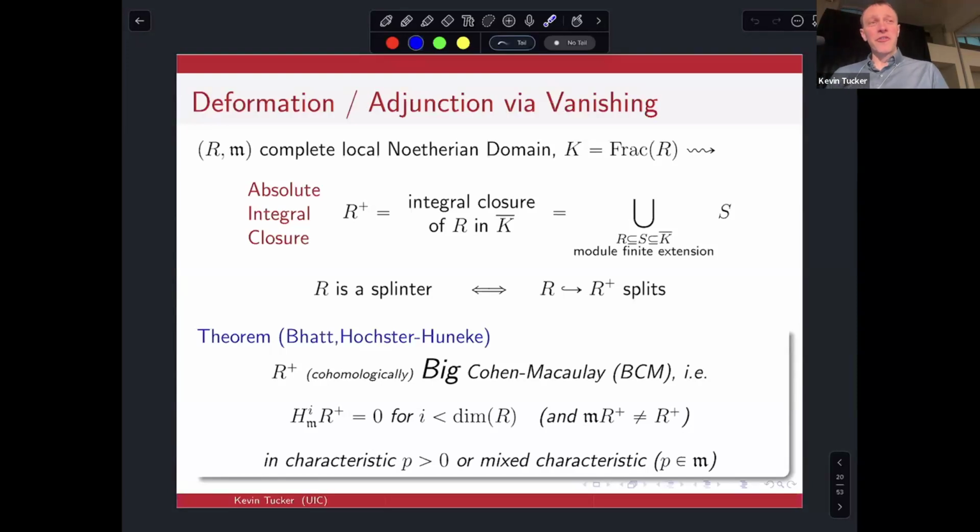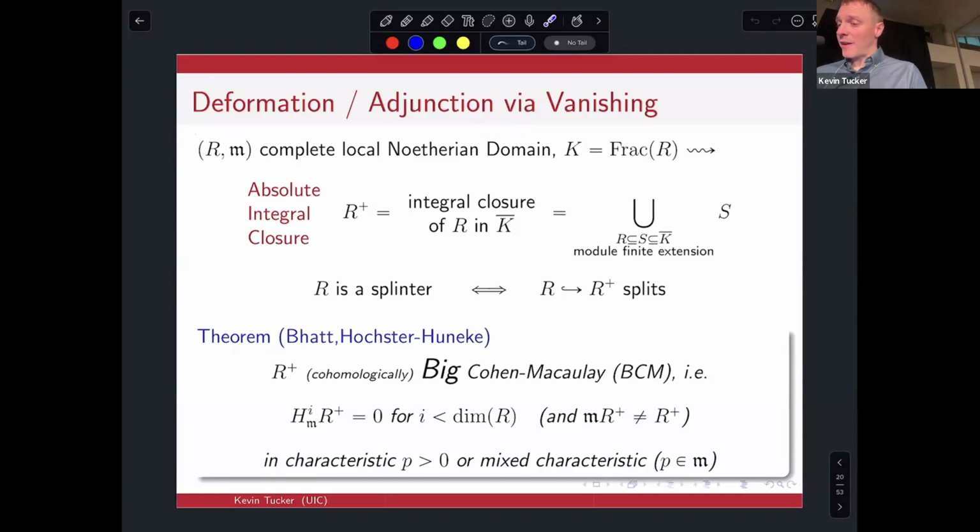So if you prefer any of those descriptions, you can replace R^+ here with its completion, or even in this case its p-adic completion in mixed characteristic, and all of those will hold. All right, so that's all I want to say about deformation and adjunction for splinters. They follow in the framework that Karl discussed.